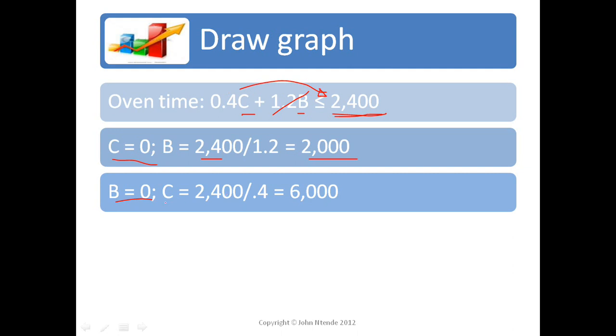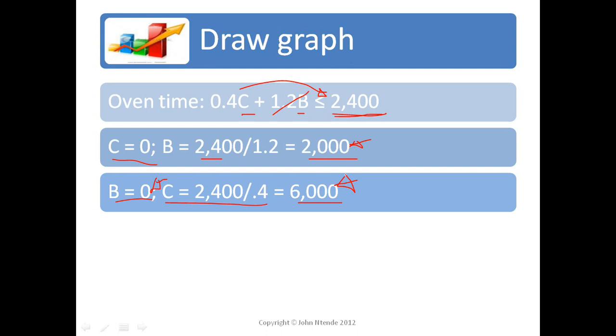That means that if you divide both sides by 0.4, c will be 6000. So there are 2 points on this line. When c is equal to 0, b is 2000, and when b is equal to 0, c is equal to 6000.